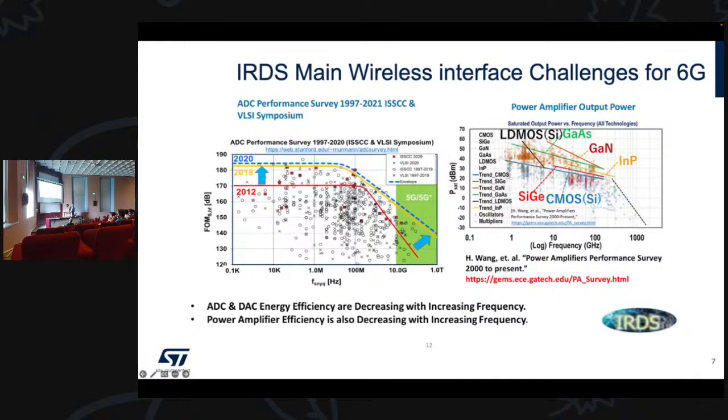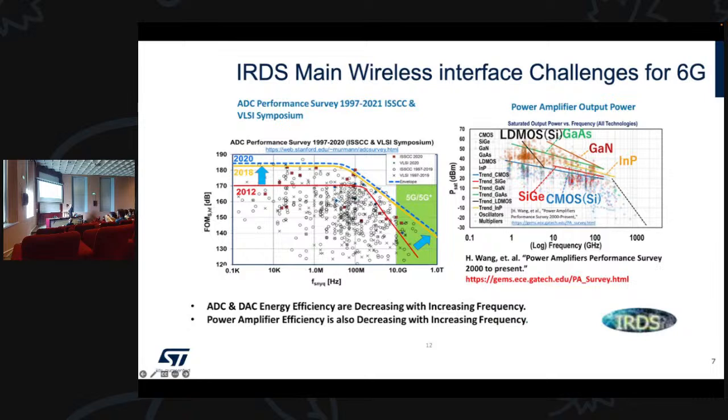So for the wireless and RF, we face two walls. The first one is how to transfer analog data rate into digital data rate, or the opposite, with ADCs.